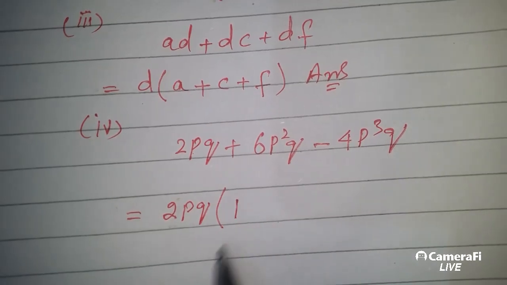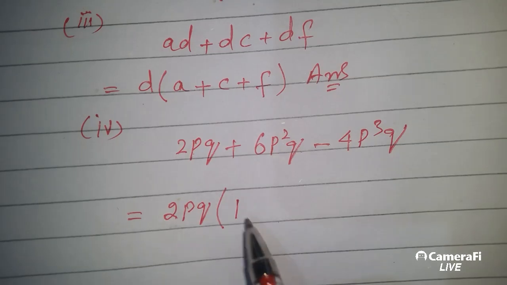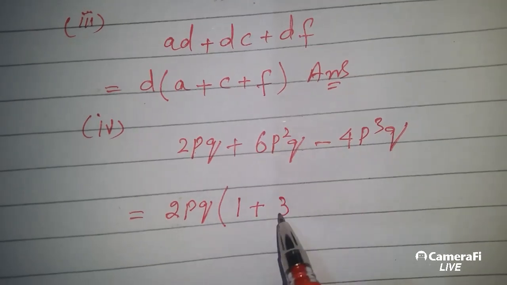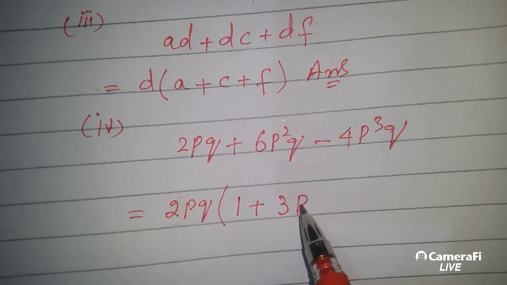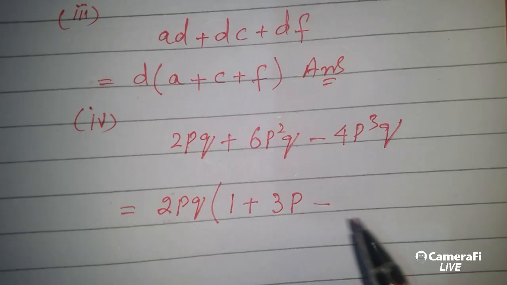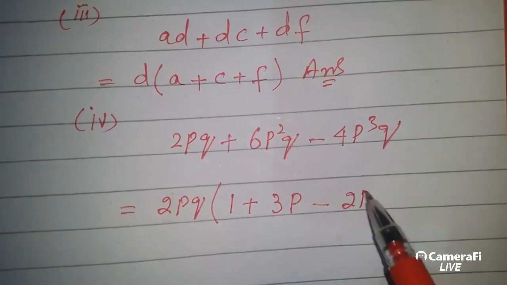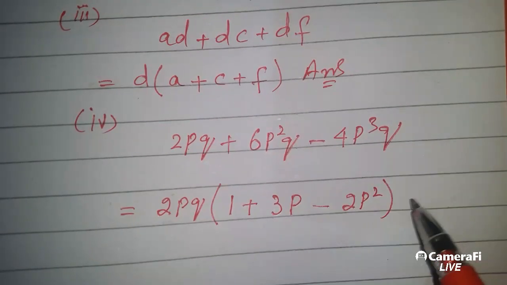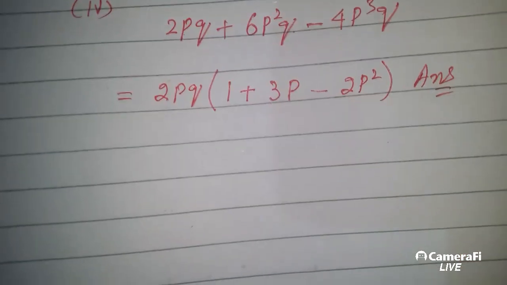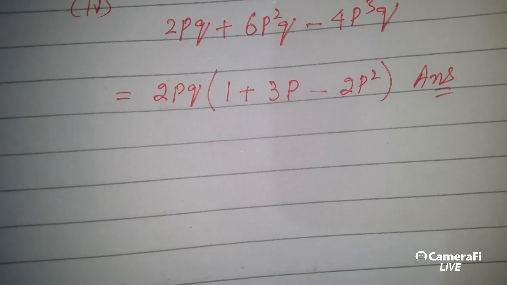So all these have been taken as common factor. 2 3s are 6, and P raised to power 2 becomes P, which is also the common factor. 2 2s are 4, P raised to power 2, and the rest is taken as common. So this is the answer.